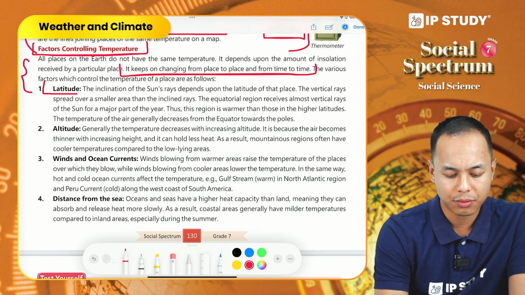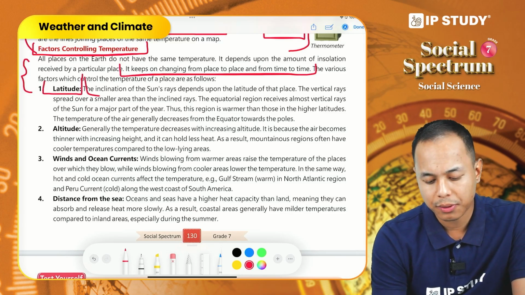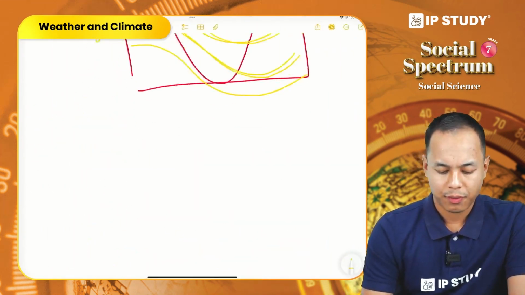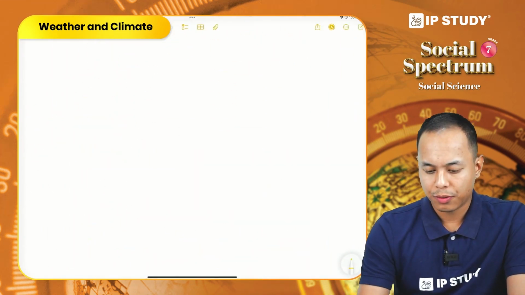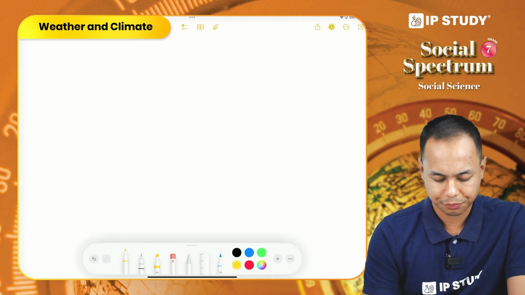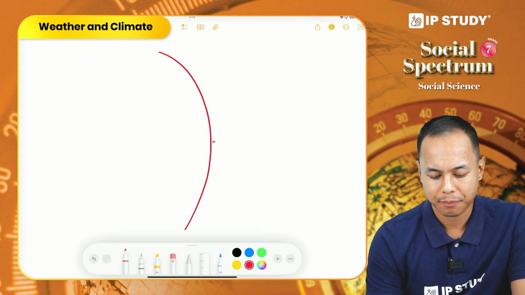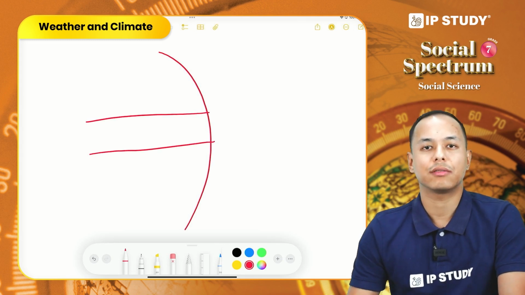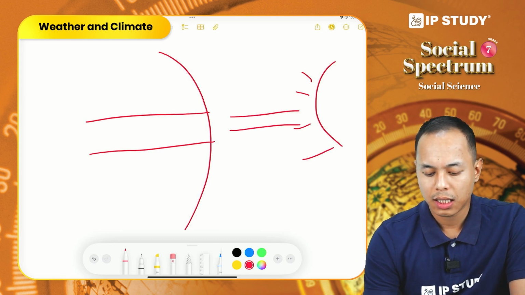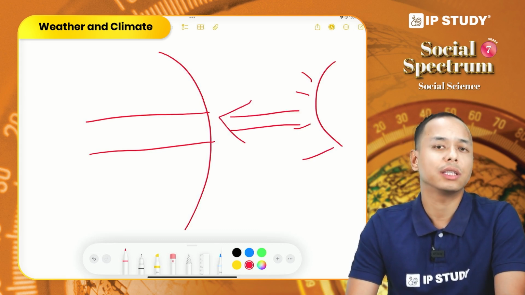Firstly, latitude. The inclination of sun rays depends upon the latitude of a place. We know that places near the equator receive vertical sun rays.